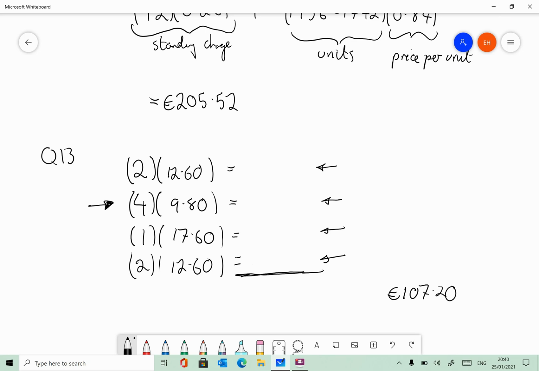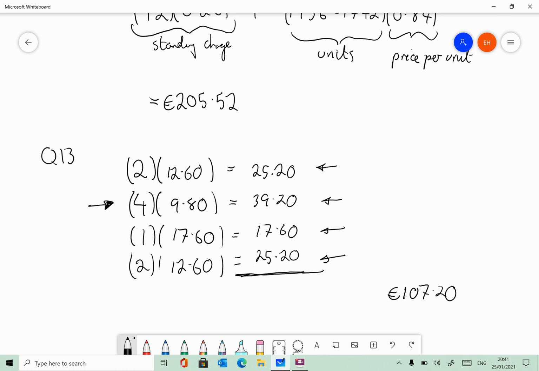So this is now, hopefully I get it this time, 2 multiplied by 12.60 equals 25.20. 4 multiplied by 9.80 equals 39.20. 17.60, and 12.60 multiplied by 2 is equal to 25.20.